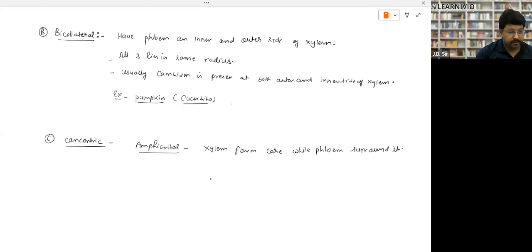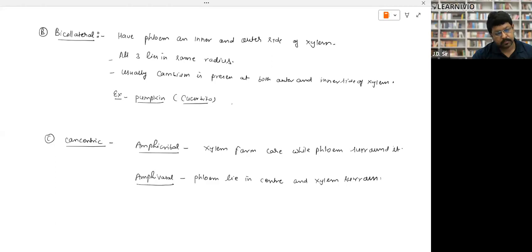Next one is amphivasal: in amphivasal, phloem lies in the center and xylem surrounds it. Okay. So that is amphicribal and amphivasal.